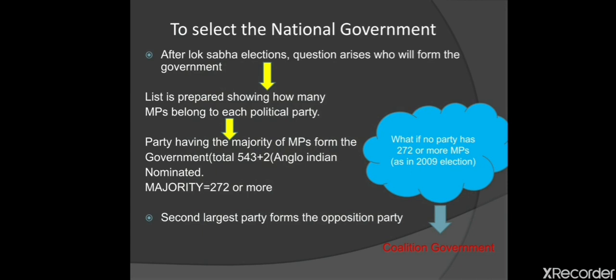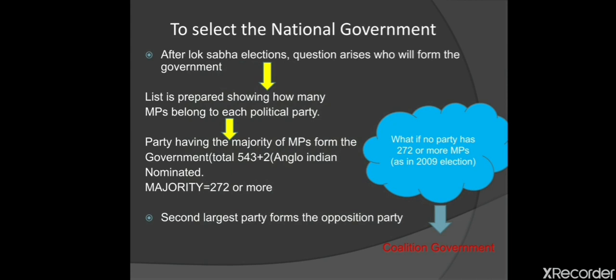Now it will be more clear to you. After Lok Sabha elections, the question arises of who will form the government. So a list is prepared showing how many MPs belong to each political party, and the party having the majority of MPs forms the government. The total is 543, plus 2 Anglo-Indians nominated by the president, and a majority of 272 or more should be there, then only that party will form the government.